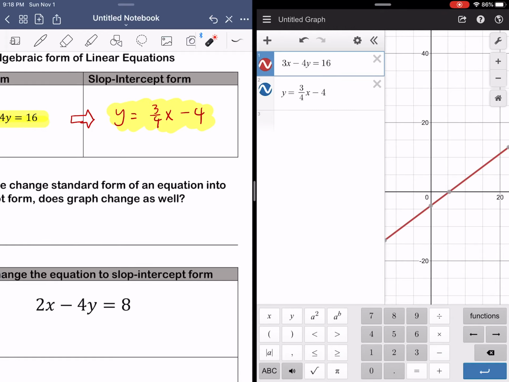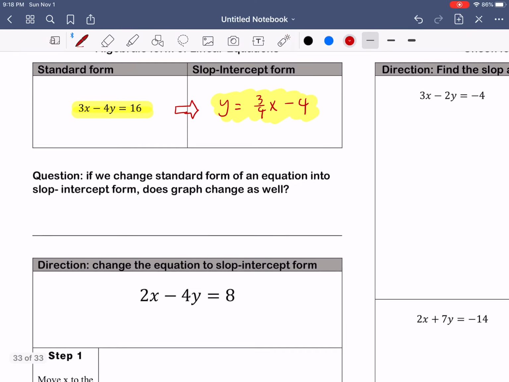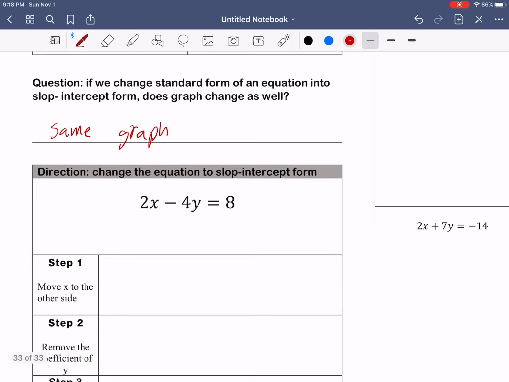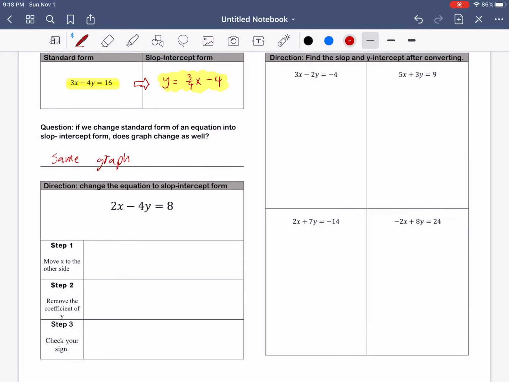Do you see the graphs overlap each other? You see it, right? They're exactly the same graph, okay? So they are the same. I mean, you should write in full sentences, but due to time, I will just stop here, okay?